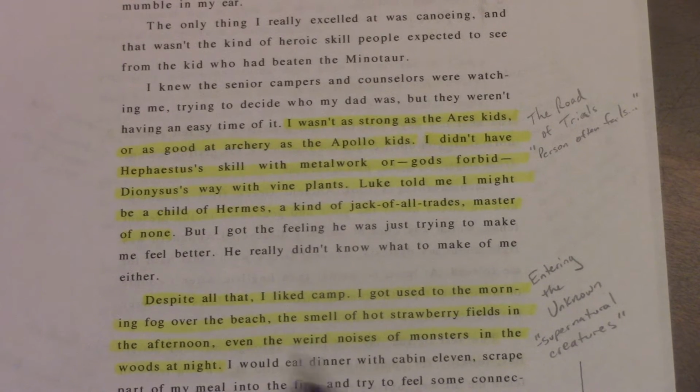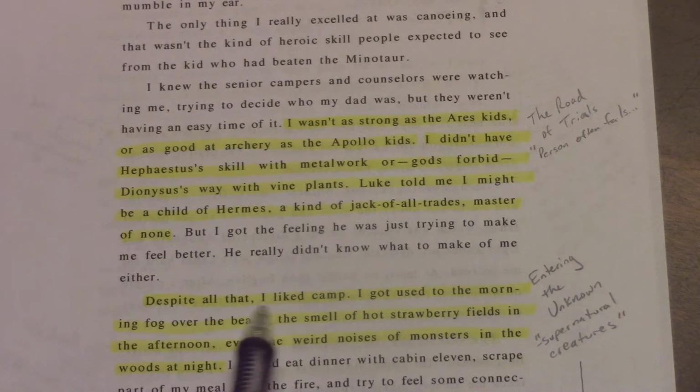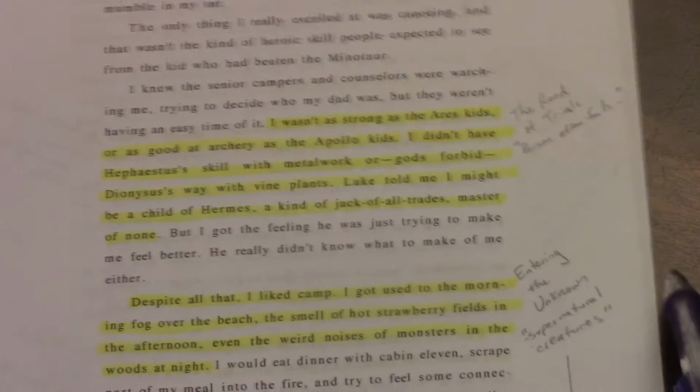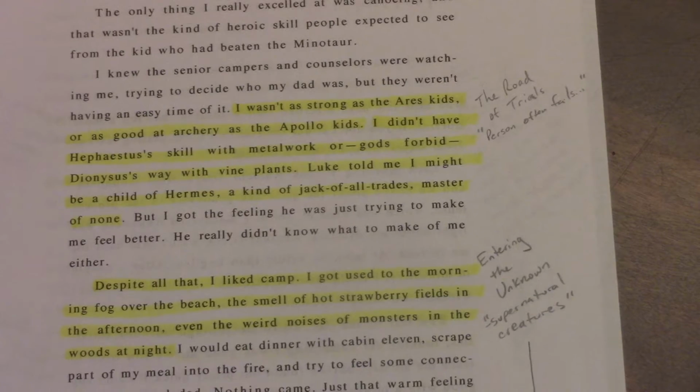So then, the next quote, despite all that, I like camp. I got used to the morning fog over the beach, the smell of hot strawberry fields in the afternoon, even the weird noises of monsters in the woods at night. So again, I went back to entering the unknown with that one.